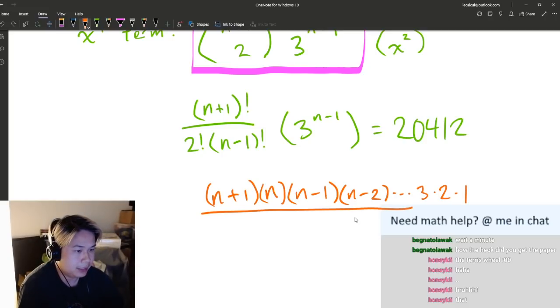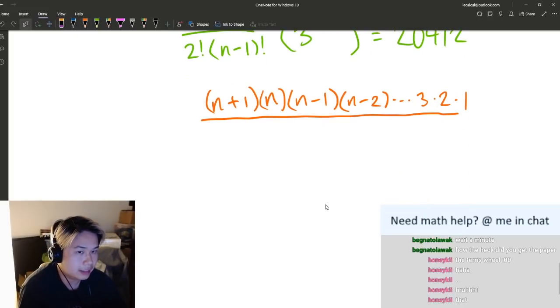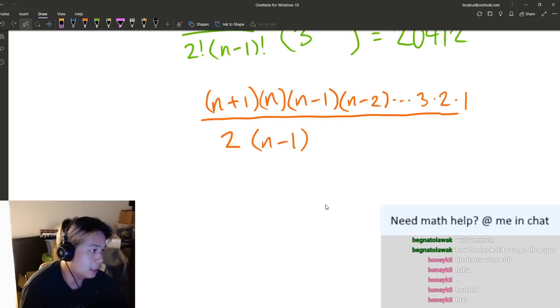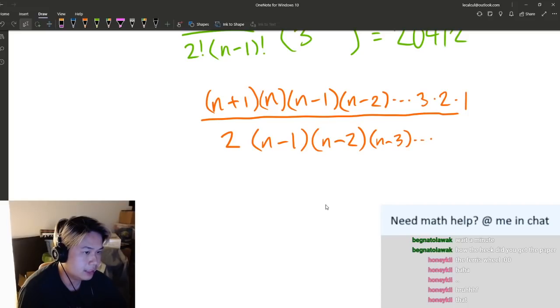And then down here at the bottom, 2 factorial is actually just 2, so we don't have to worry about that. And then we have n minus 1 factorial, which is n minus 1 times the next number after you subtract 1, which is n minus 2, n minus 3, all the way till 3, 2, 1. Again, this is just the definition of factorial.